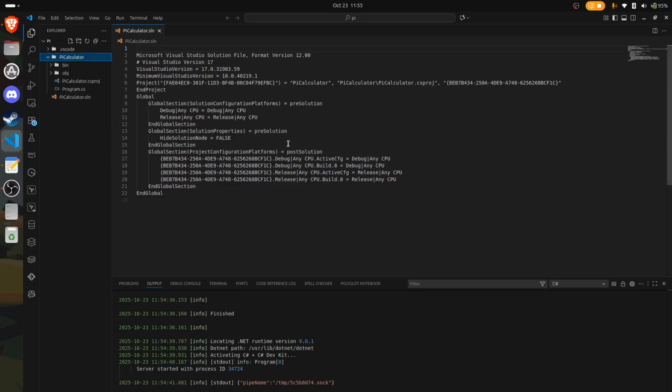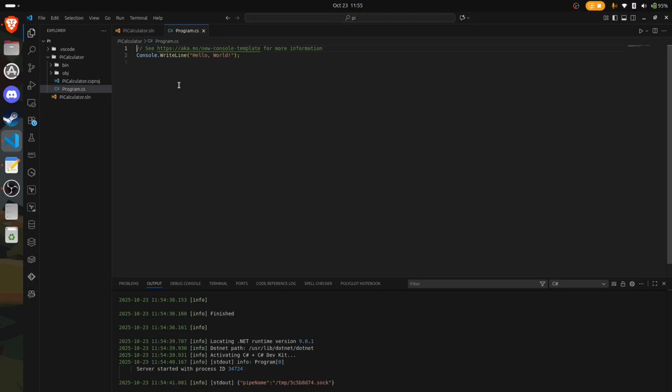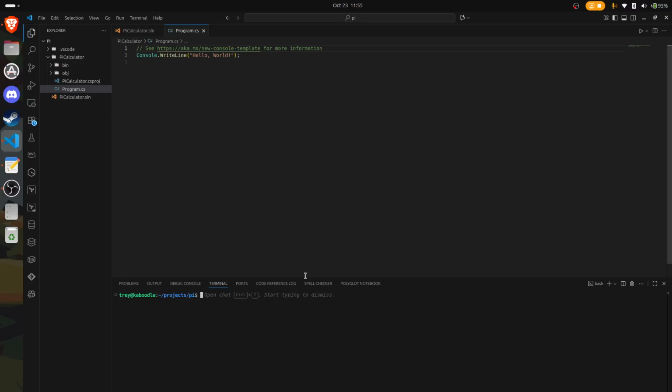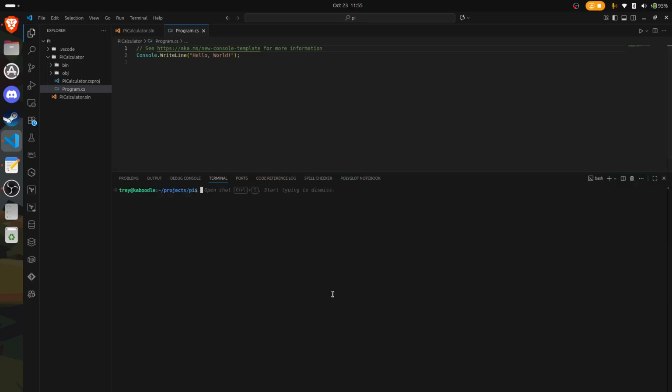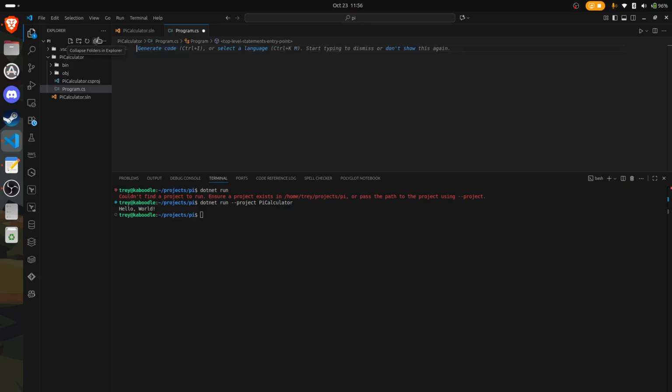So, we have a little program that we're going to use to calculate the value of pi. And go to terminal, .NET, run, can't find a project to run. Project, Pi Calculator. Now, got our hello world program. So, we're in .NET, and the default template is terrible. So, go away.